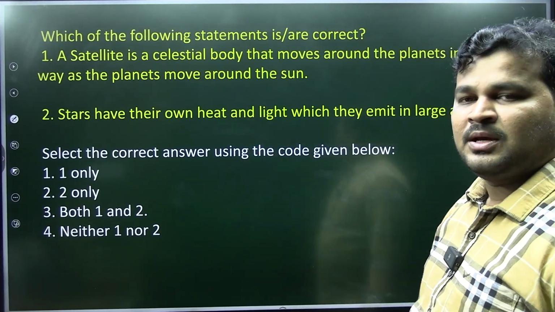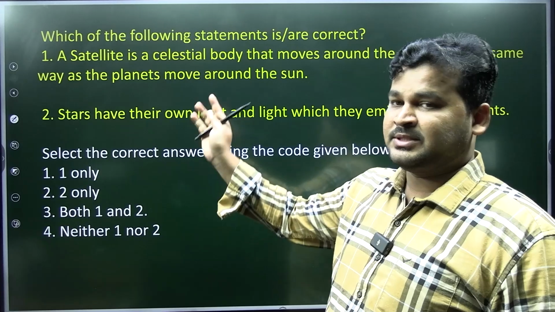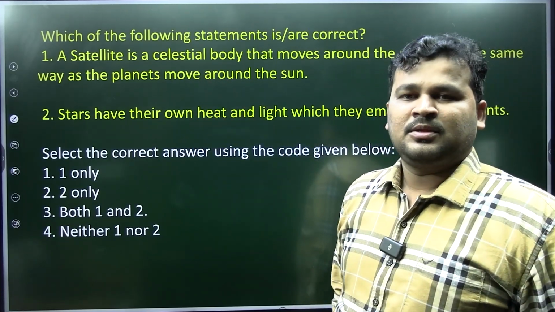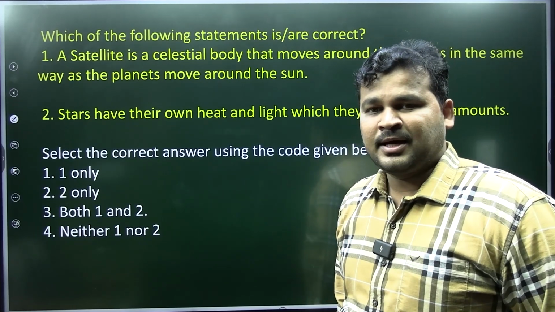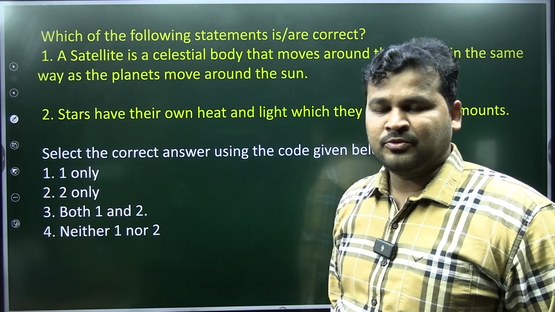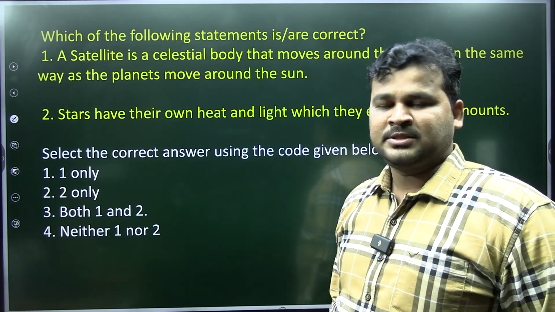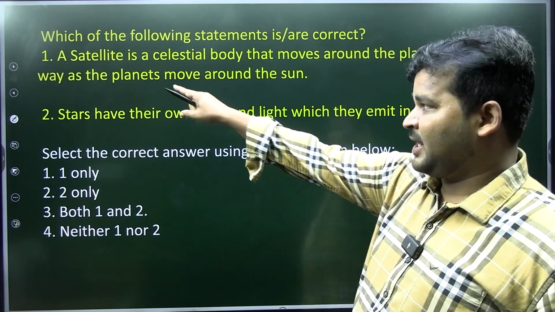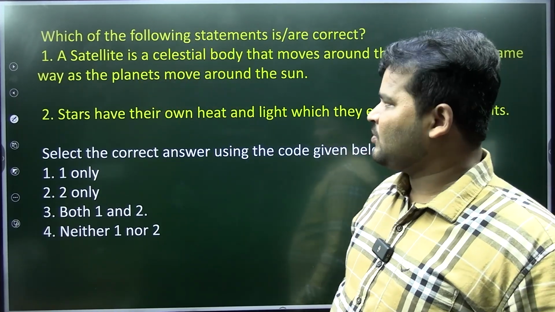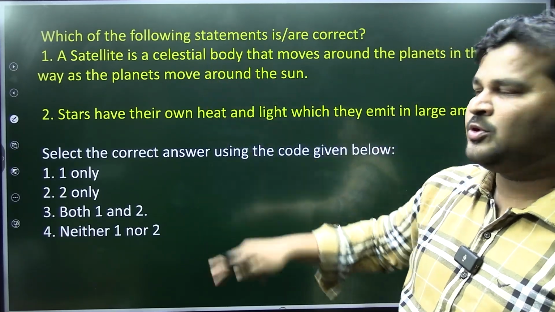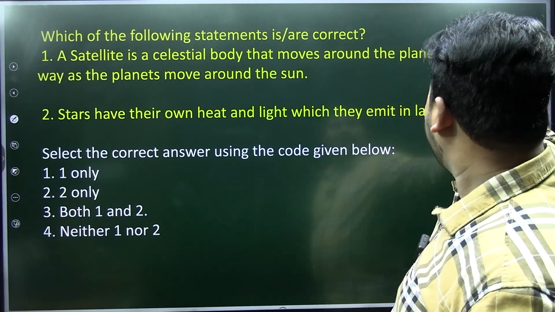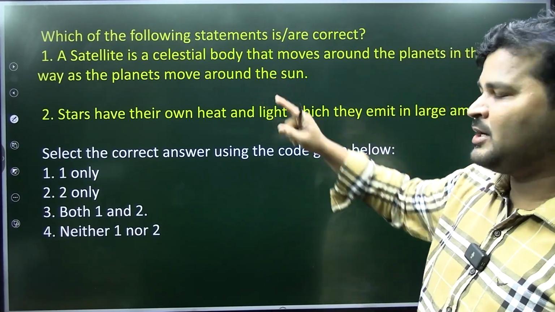Why? Because a satellite is also a celestial body. What is a celestial body? Bodies which can emit light or twinkle and which have a huge mass. A satellite has a huge mass, and sometimes it can emit light. A satellite is a celestial body that moves around the planets exactly the way the planets move around the sun.